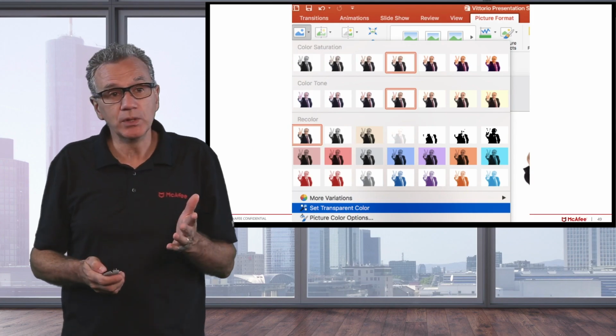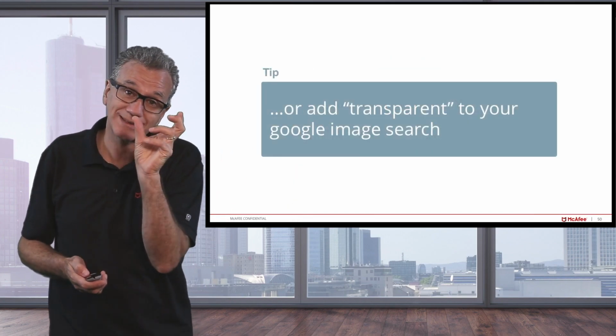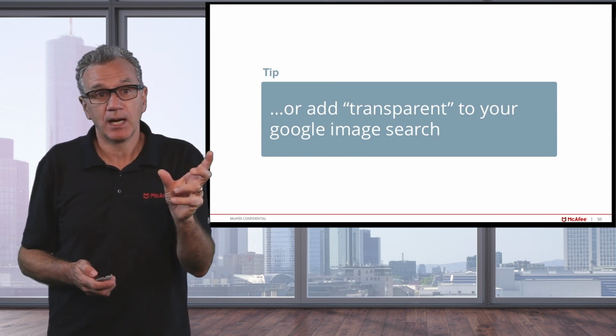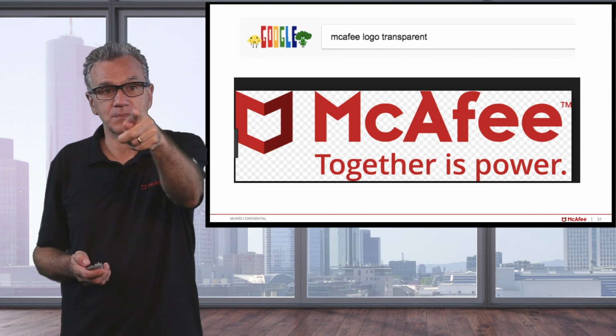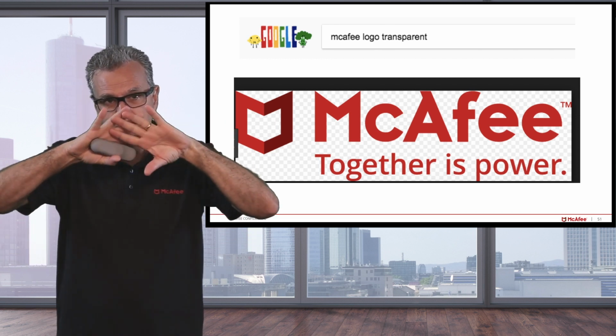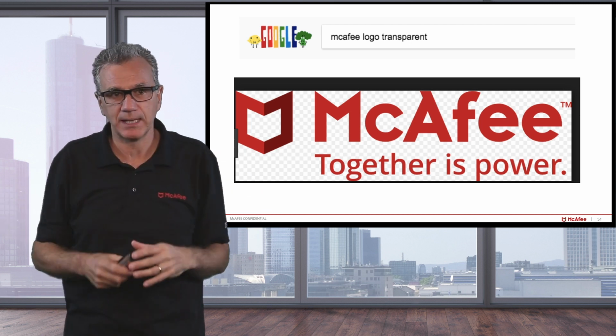The other way that you can do this is to add the word transparent when you Google image search that image. So, for example, McAfee logo transparent, you'll find the ones that have a transparent background have that pattern on the bottom that will tell you that that's the case.